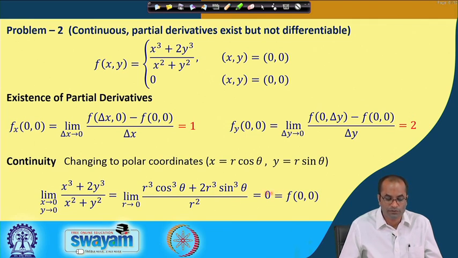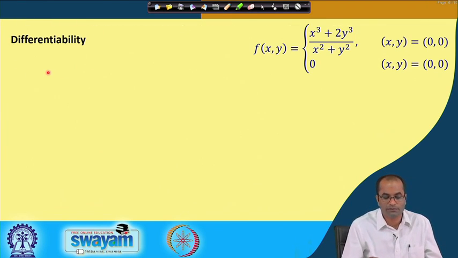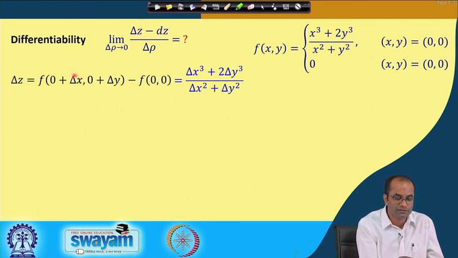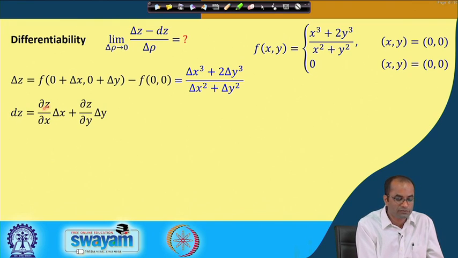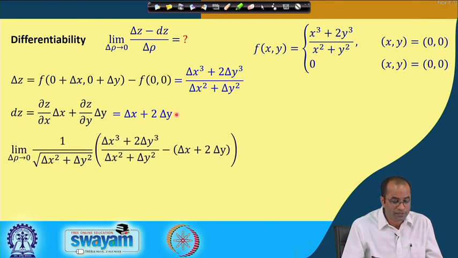So we will now move to show that the function is not differentiable at this point. For that we need to show this limit again, where this Δz is this difference, which is again 0 and Δx, Δy. So this xy will be replaced simply by the Δx and Δy terms. The dz term, ∂z/∂x at (0, 0) is 1 and this was 2 there. So we have Δx plus 2Δy.